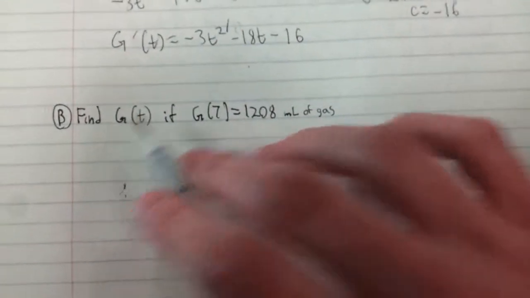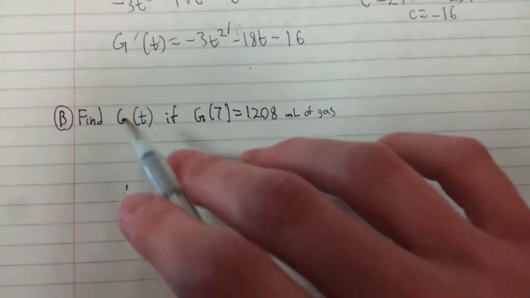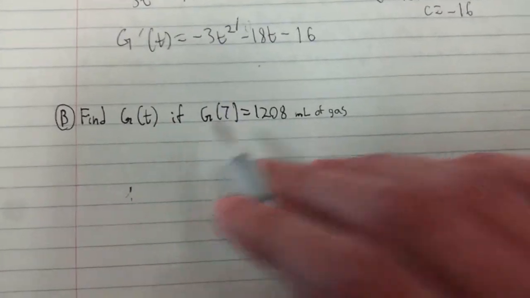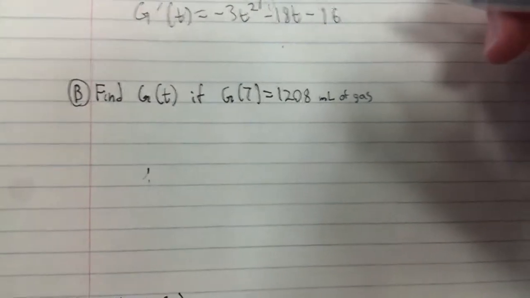Next step, part B. We have to find the original equation g of t, using g of 7.